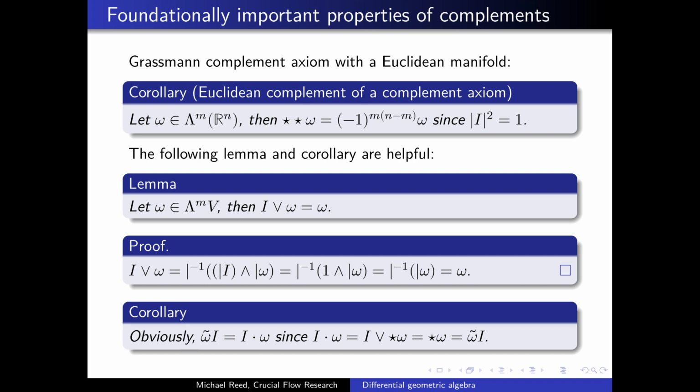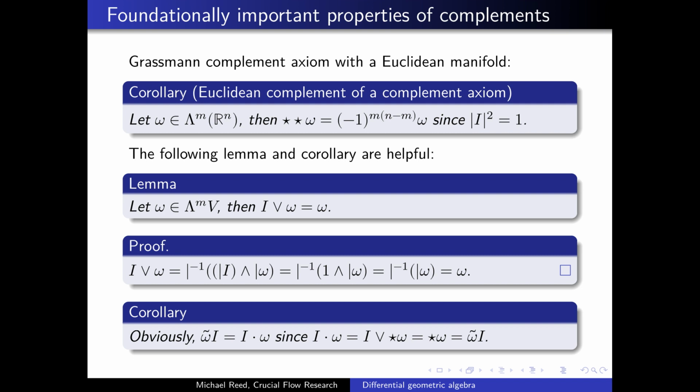The following lemma and corollary are helpful. Let omega be a grade M element, then the regressive product of the pseudoscalar I and omega equals omega.